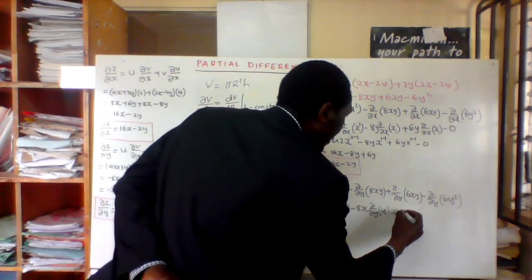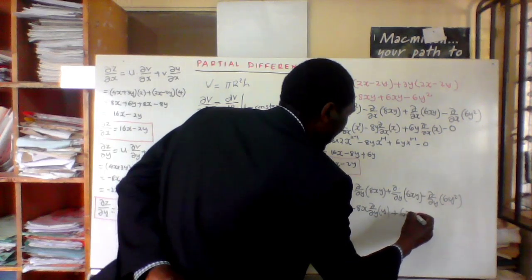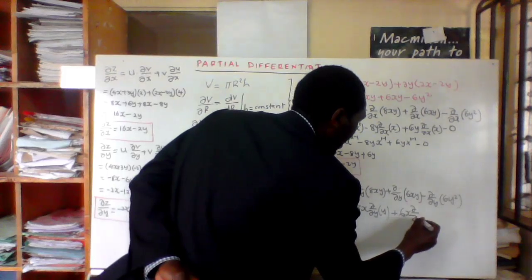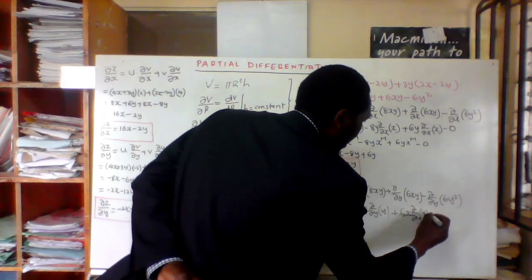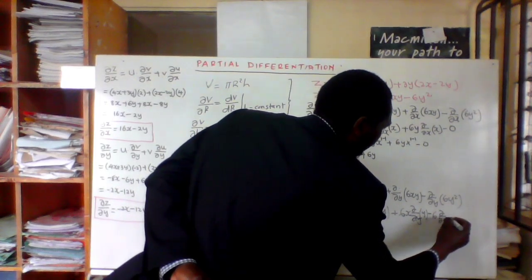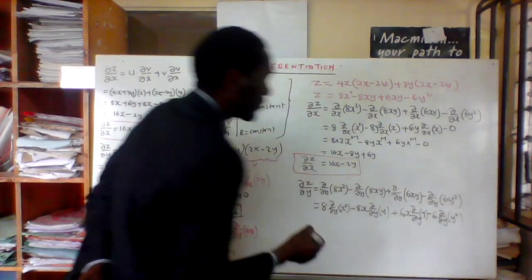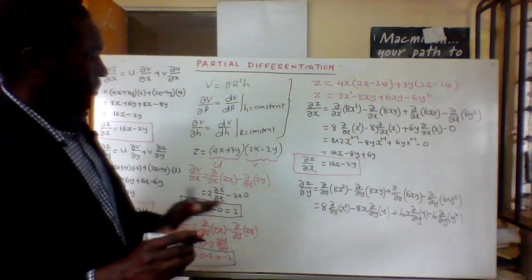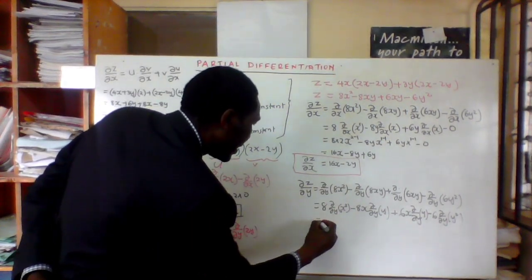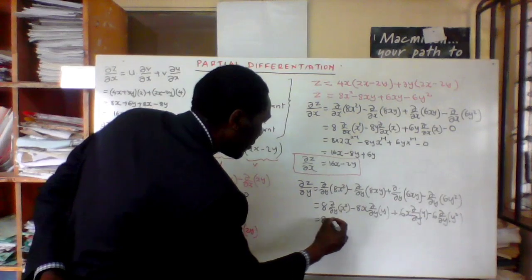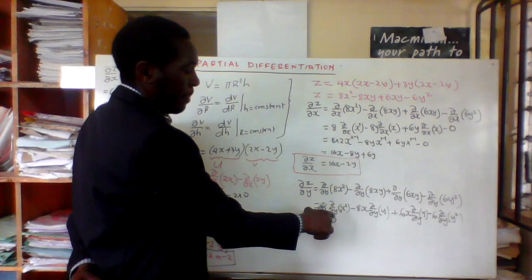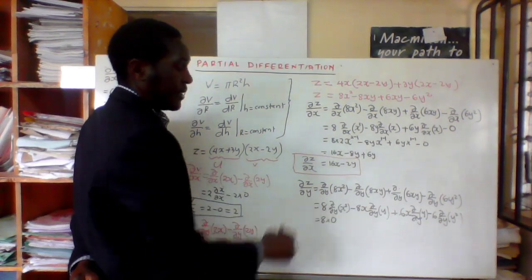Then we add 6 is a constant, x is a constant, partial derivative with respect to y of y minus 6 is a constant, partial derivative of y squared with respect to y. Now x is constant because we are treating y as the only variable. So the first term here gives us 8 times 0, because if you differentiate partially x squared with respect to y, because x is a constant, it gives us 0.